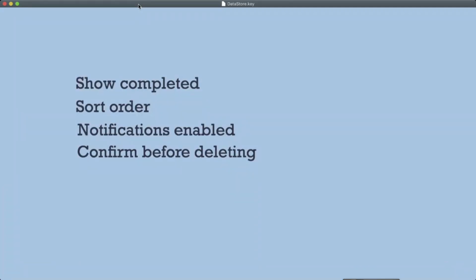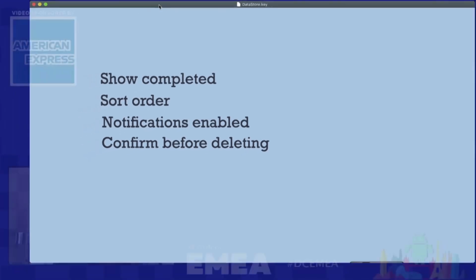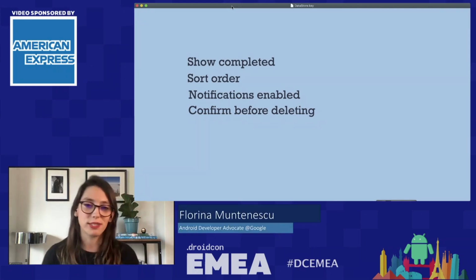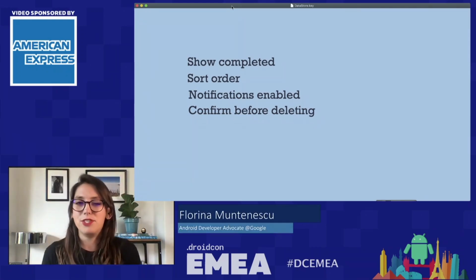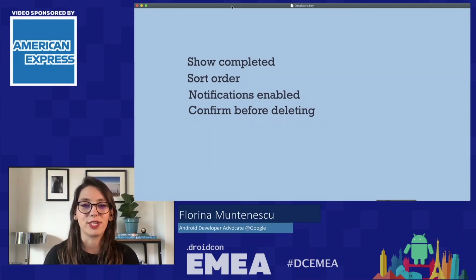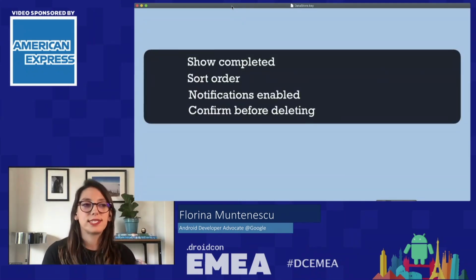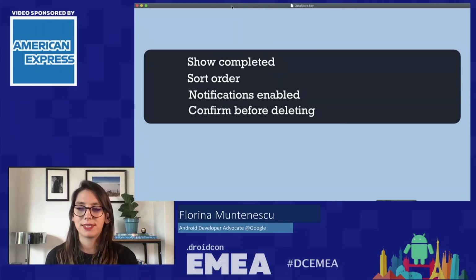So if you think about the data that we usually have in shared preferences, the data comes pretty much from everywhere, right? You'll have key value pairs from all sorts of features that have no connection to each other. So usually, okay, you could just save all of this into one data store, but it's not really always what you want, right?